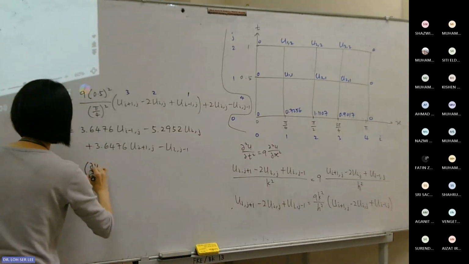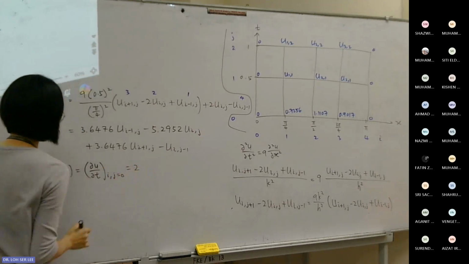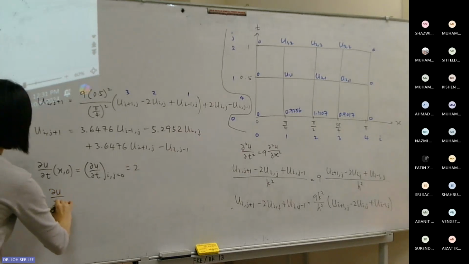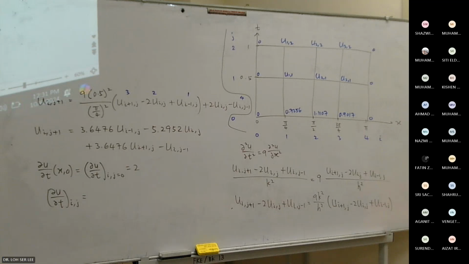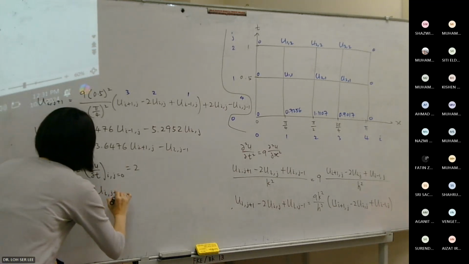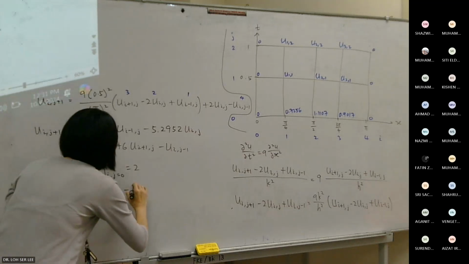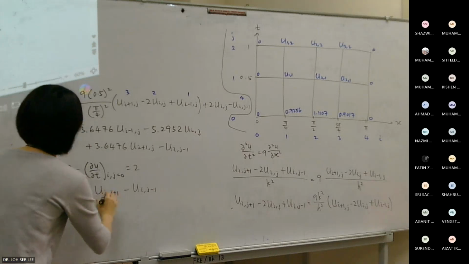This is value del t ij equals to 0 equals to 2. Okay, so define for the original one first, value del t for ij is this one, uij plus 1 and this uij minus 1 over 2k.